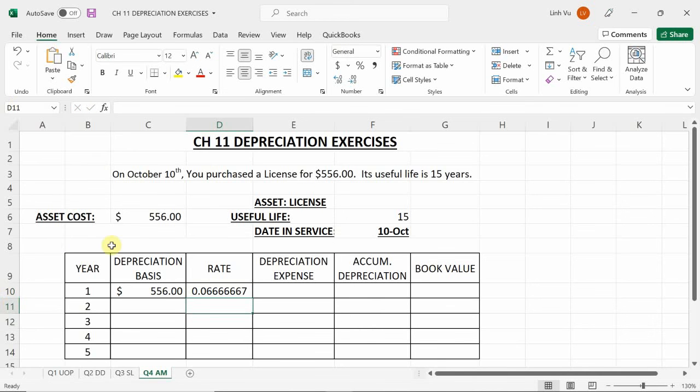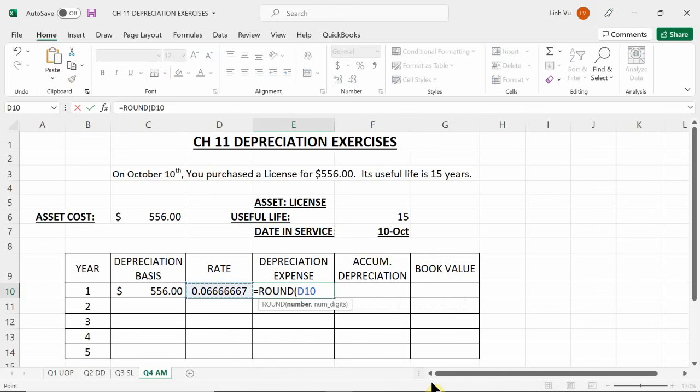Okay. So then, what is going to be my depreciation expense for the first year? Yes, in this case, we also have to recognize that we can only depreciate it for 3 months, right? October, November, and December, assuming that we depreciate at the end of the year. So we can only recognize 3 months.